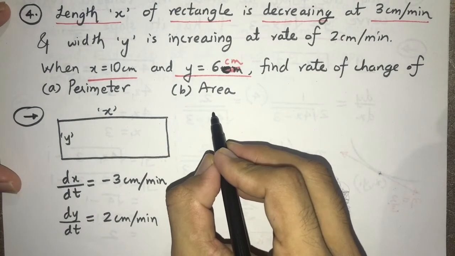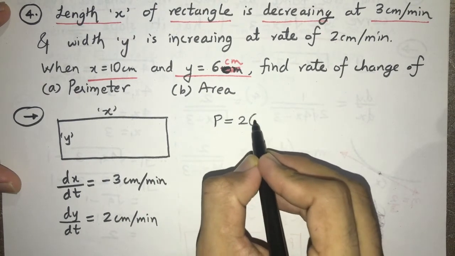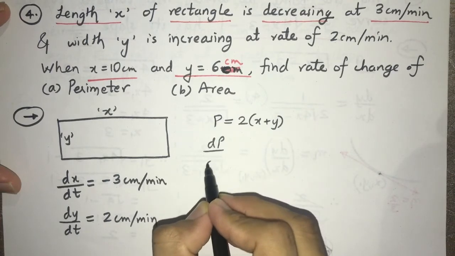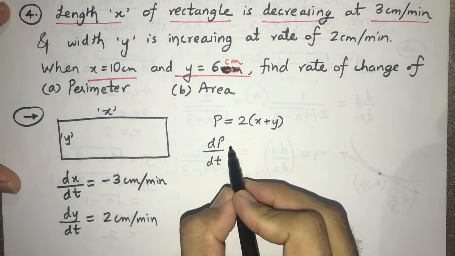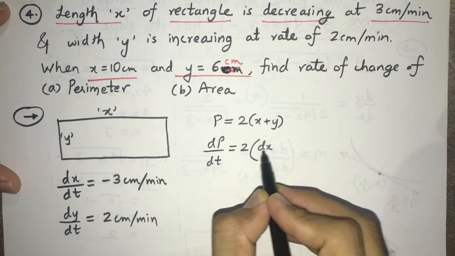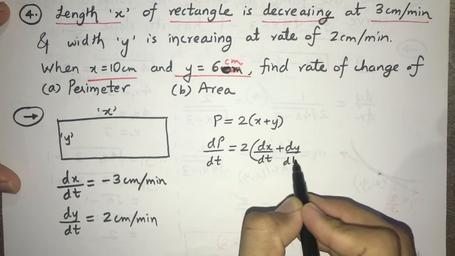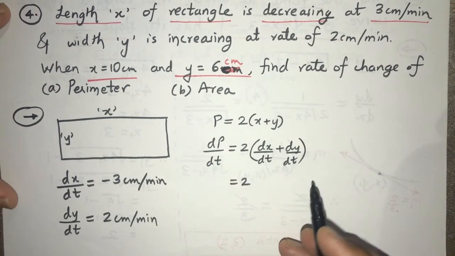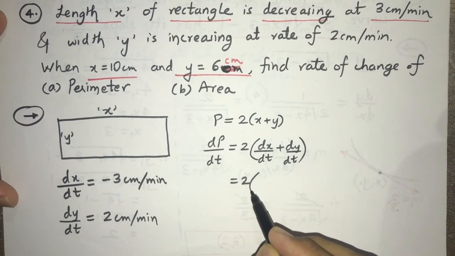Okay, first is perimeter. So first we will write the relation for perimeter. Perimeter will be twice x plus y. Then you find the rate of change of perimeter, so you differentiate perimeter with respect to time. We get twice dx by dt plus dy by dt. That is the rate at which the length is changing.